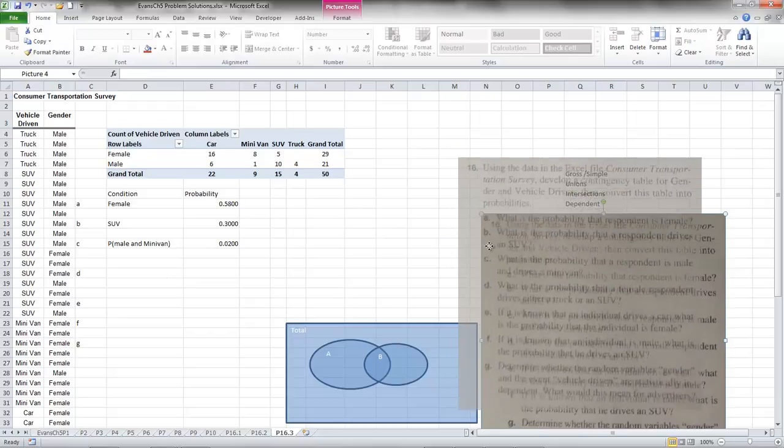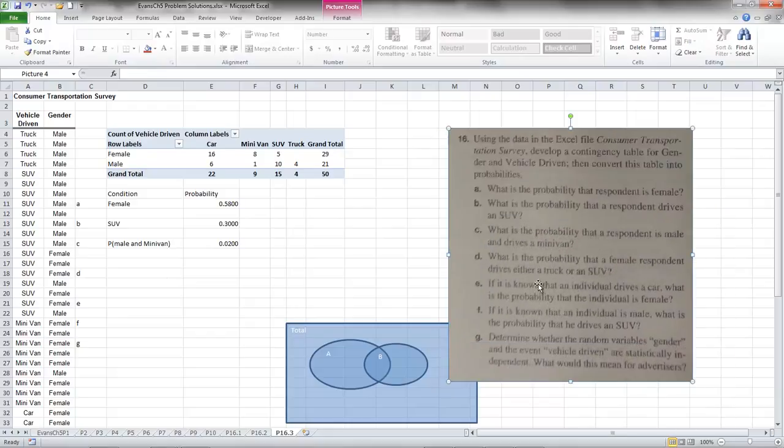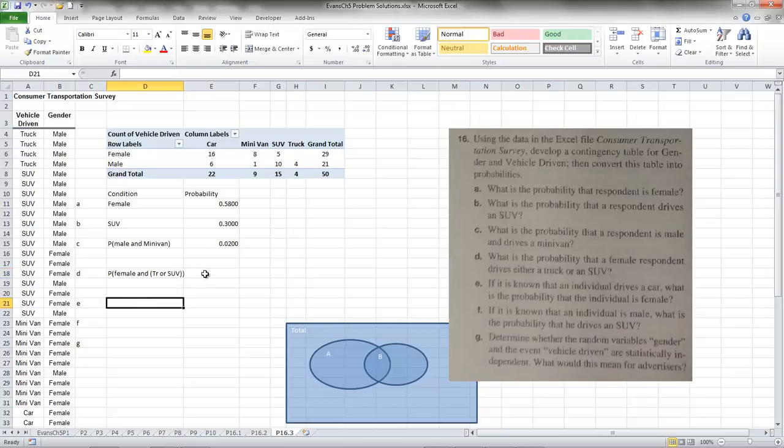So now question D, what is the probability that a female respondent drives either a truck or an SUV? Now we have both union and intersection in here. So we're looking for the probability of female and truck or SUV. Okay. So in words, that's what we're looking for.